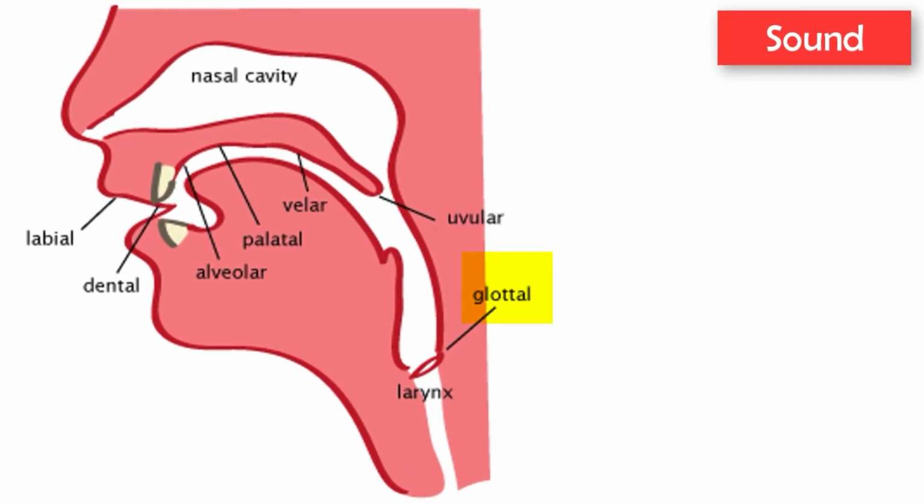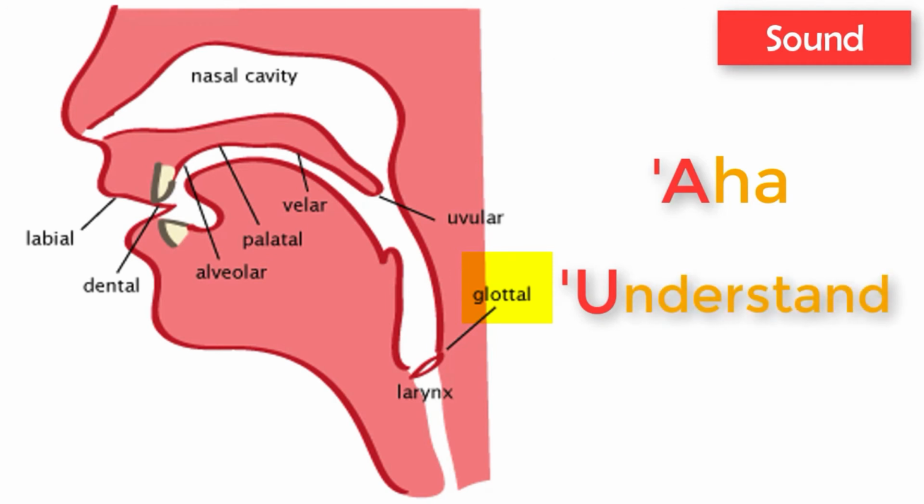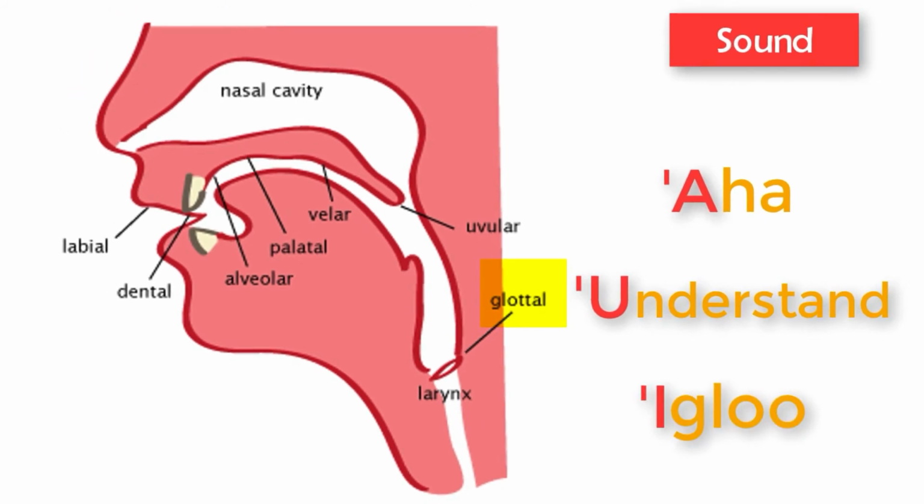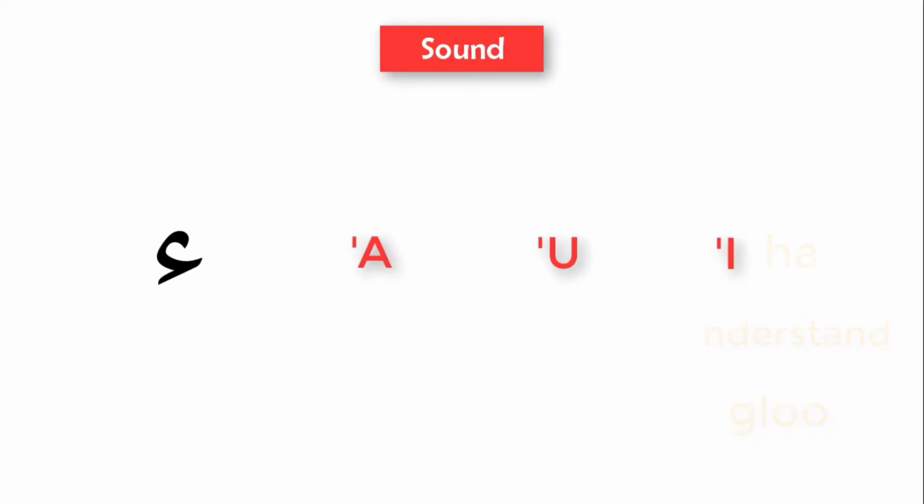Put simply, it's that sound that we find in English words that begin with vowels, like the sound in the word aha, or the sound in the word understand, or the I sound in the word igloo. It's that initial sound that we're really interested in.